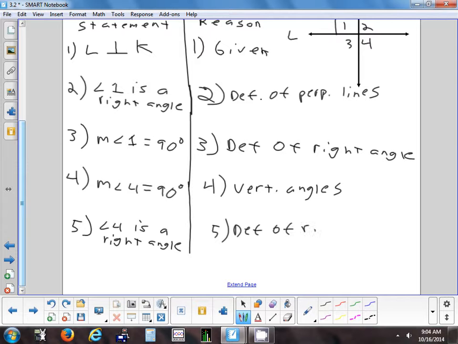Okay, now let's check off the angles we've proven. Angle 1 is a right angle by the definition, and angle 4 is a right angle. Now we need to talk about 2 and 3 somehow. If we can prove 2 or 3 is a right angle, then vertical angles comes in again.